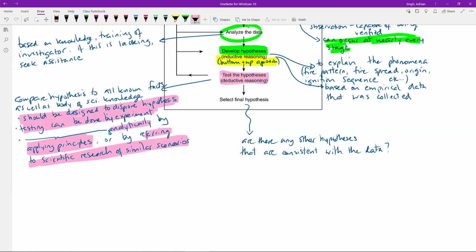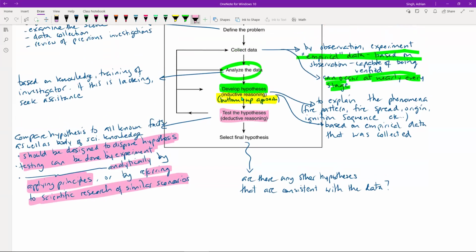Okay, so we have developed our hypotheses, inductive reasoning, using the data that was collected and analyzed. Then those hypotheses can be tested, comparing the hypotheses to all the known facts as well as the body of scientific knowledge. Testing of the hypotheses needs to be such that we want to disprove them.